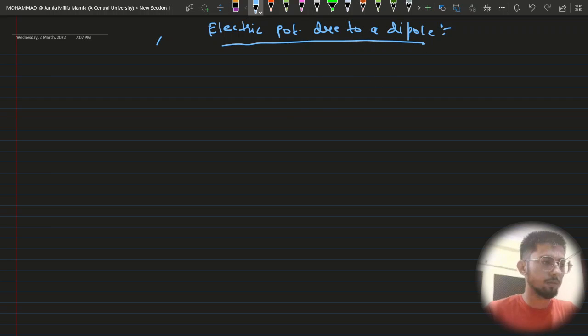Let us first draw a dipole. This is a dipole. There are two charges separated by a small distance.